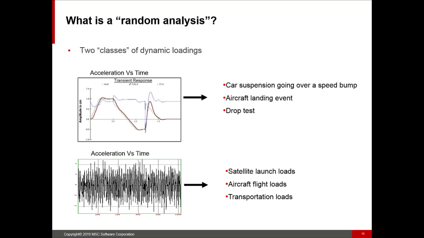Transportation, again, most of the structure you don't really need to look at from a random analysis perspective. They usually, for noise, vibration, and harshness, have to do frequency response and transient response, but there are parts of the cars where you are doing a random analysis, usually for specific components for specific reasons.